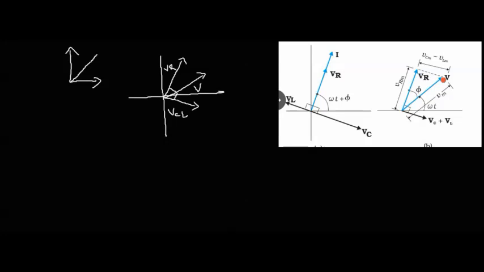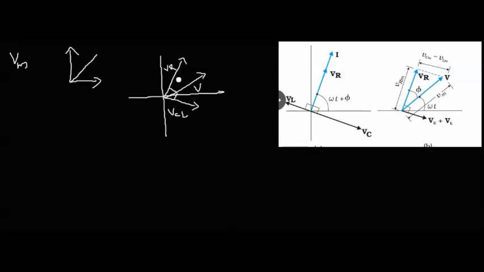Okay, now our purpose is we have to find out what is the magnitude, or what is the maximum value, of total current flowing through the circuit. So the magnitude of this line will be the maximum value of voltage, right? The length of the phasor represents the magnitude of that particular parameter.